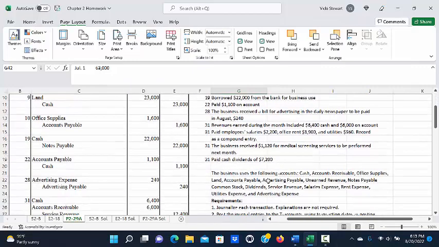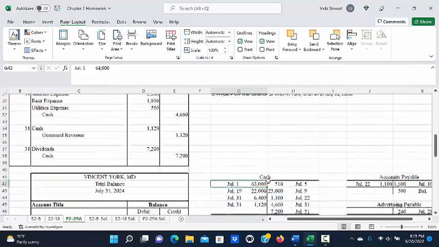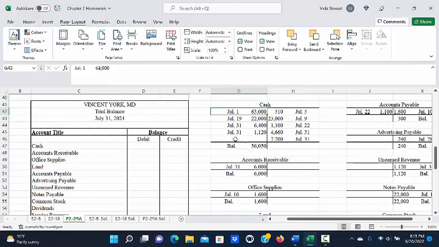Now once you get all of your debits and all of your credits posted, and cash always has the most, you add all the credit side and all the debit side, and the bigger side, which should be the normal balance side, will be where you post the balance. So you would add all of these and then subtract all of these to get the balance in cash.